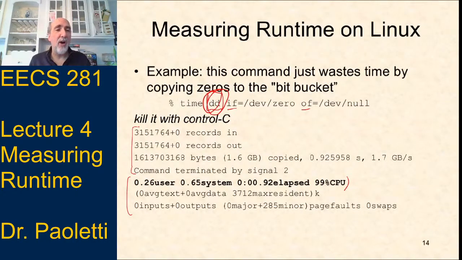System time is how long the operating system spent on your behalf. So about two-thirds of the time was system time, basically reading and writing. It wasn't your fault that it took that long. And when we do the autograder, we look at user time, not system time. But 99% of the CPU, why didn't I use all of the CPU?